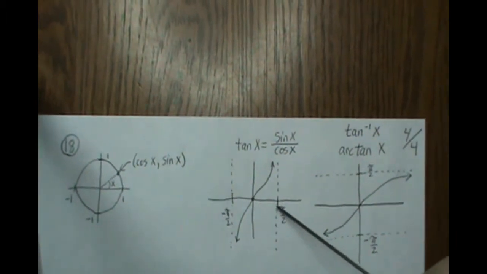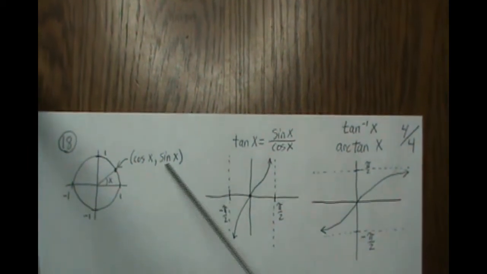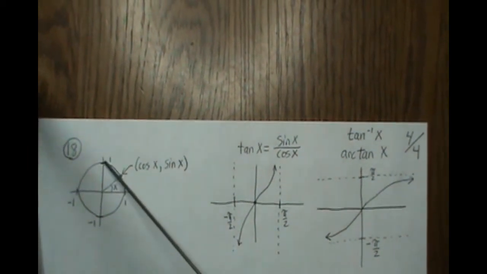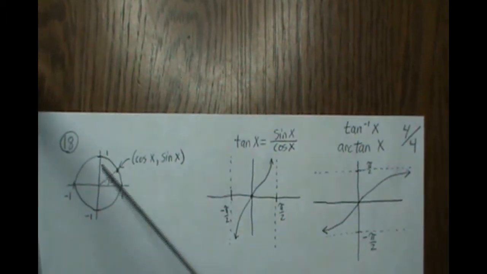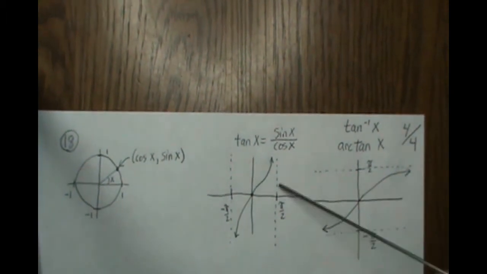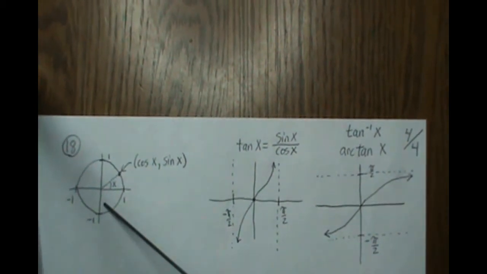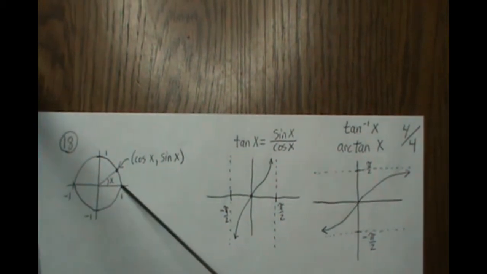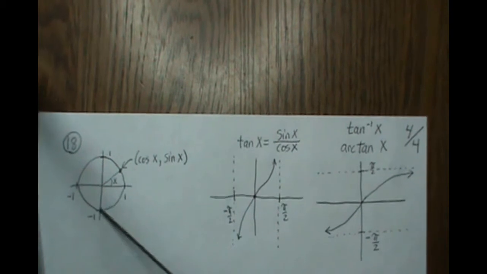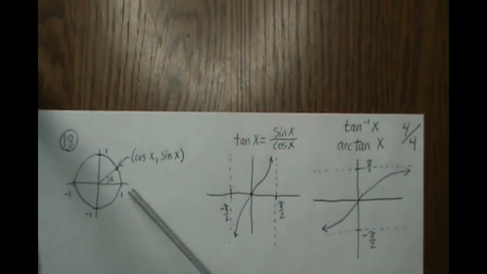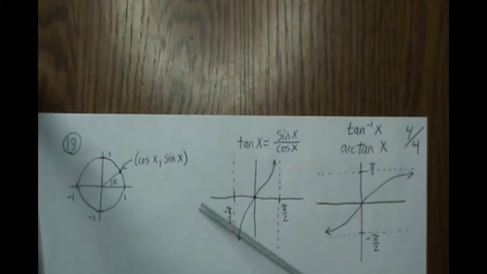Then as we go to pi over 2, the sine approaches 1 and cosine of x approaches 0, so it vertically asymptotes at pi over 2. If we go backwards, it's just the opposite. Sine of x approaches negative 1 and cosine approaches 0, so it vertically asymptotes at negative pi over 2. Then it just repeats.